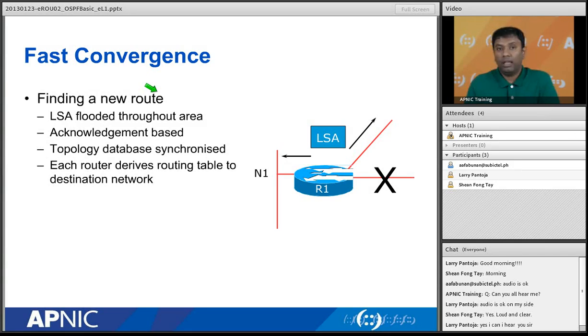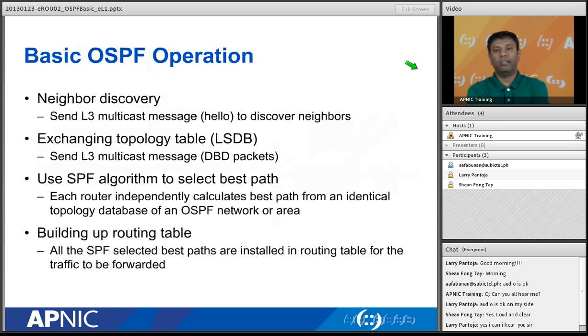Even though the router is remote, like from R1 it connects to R3 here, the topology change happened on the R1 link, right? So how does R3 know that? Because R1 sends the trigger update. This is how R3 quickly knows there is a network change, and it can quickly run the SPF algorithm on the topology table and find an alternate path. So this is how they ensure faster convergence in a network change.